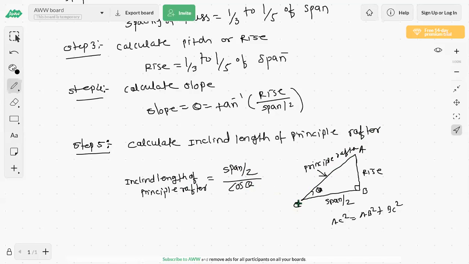Are you getting it? Span by 2 divided by cos theta, or under root of rise square plus span by 2 square.